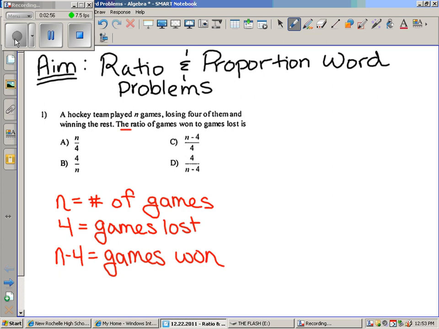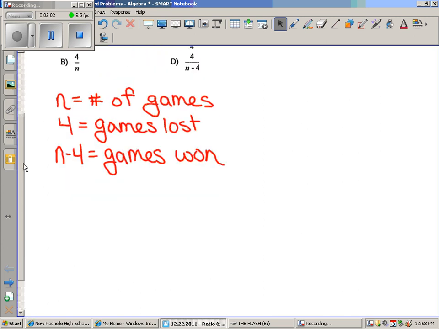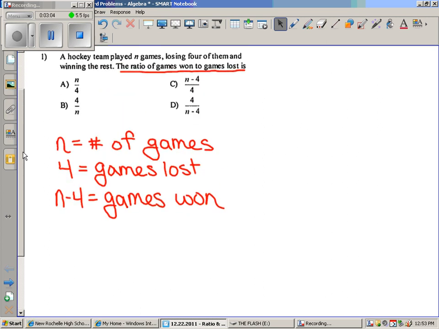Now, the ratio of games won to lost is, let me borrow this. I'm going to give you some fancy notation. Won to lost. Do you see how I put those 2 dots in the middle? Those 2 dots basically mean to. Won to lost.